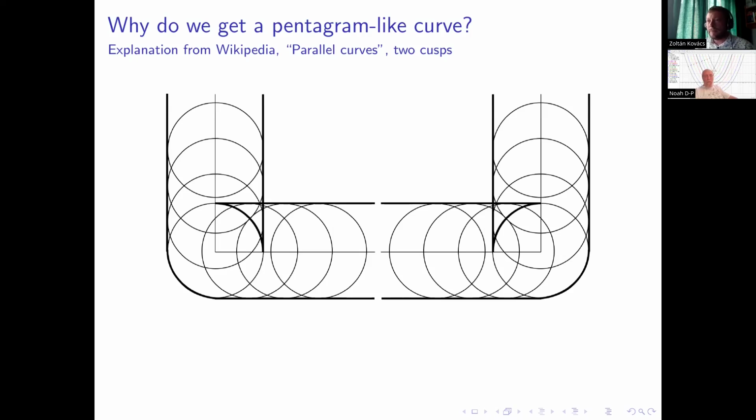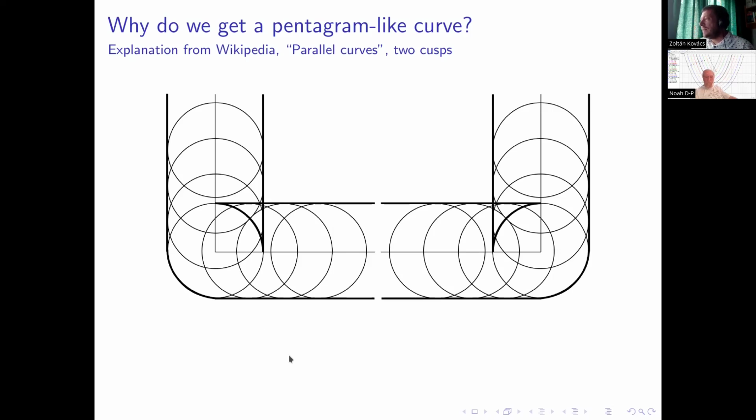It's a well-known theorem that if the progenitor curve, the original curve which has been given, has a singular point, then this generally induces a very strange behavior on the offset.